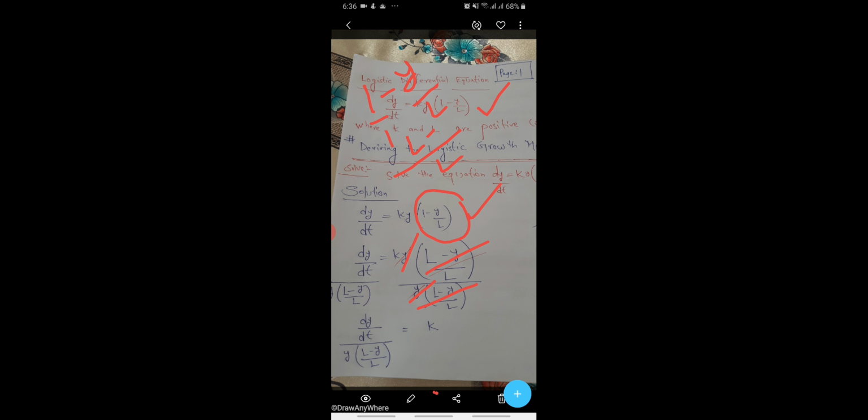So on the right side you have k only, and on the left side we have dy/dt and the same things, y(L - y)/L. So I think you understand everything here.